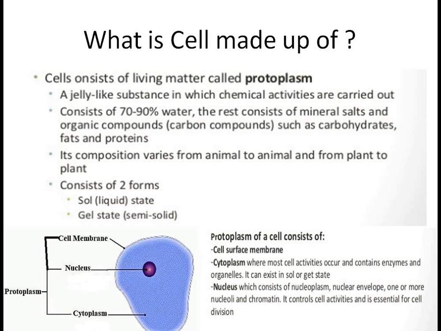Let's go through the cytoplasm definition. It's a jelly-like substance. It contains all the enzymes required for all the biochemical activities. There is the nucleus. We'll go through this organelle later on. I have used the term organelle.